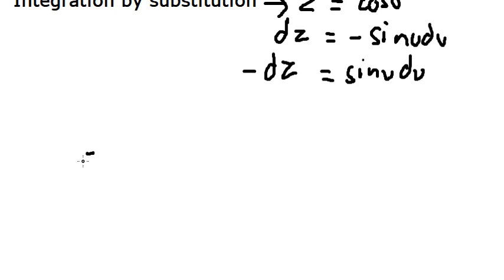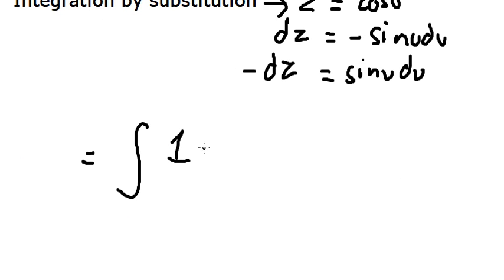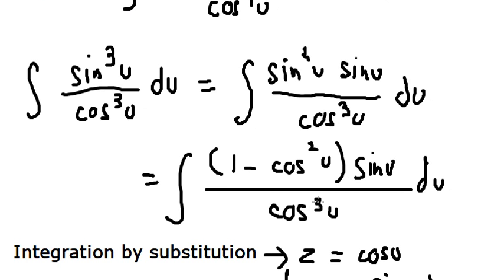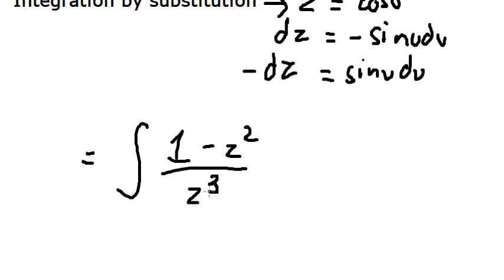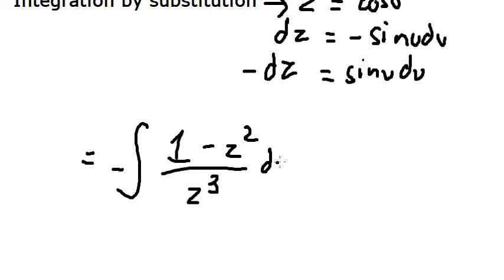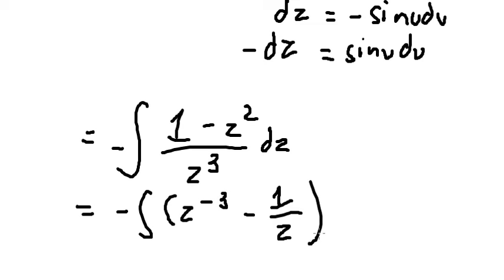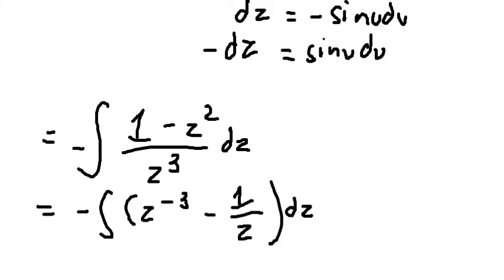So we got about cosine u we change for z. Cosine u to the power of 3 we change for z to the power of 3. Sine u du we change for negative dz. So this one 1 divided to z to the power of 3, you got about z to the power of negative number 3. This one you got about negative number 1 over z. And we got the final answer.